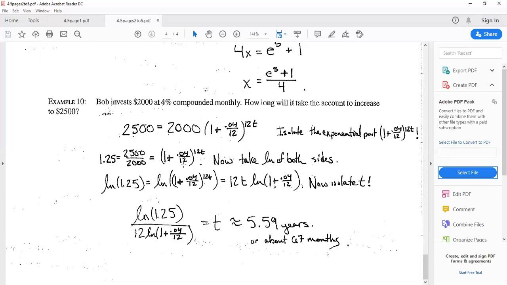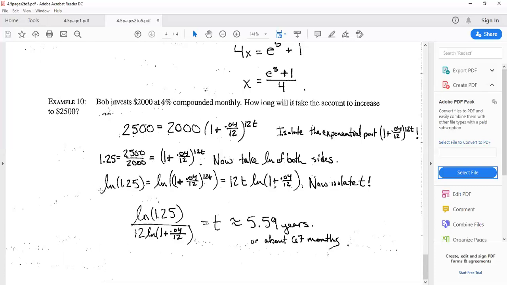Now, I'm hesitant to make a decimal for this 0.04 divided by 12. I want to keep it exact until the very end, because this can get a little bit dicey if we don't. So now we have our exponential function isolated on this side. So we can take natural log of both sides to get rid of the exponential function.